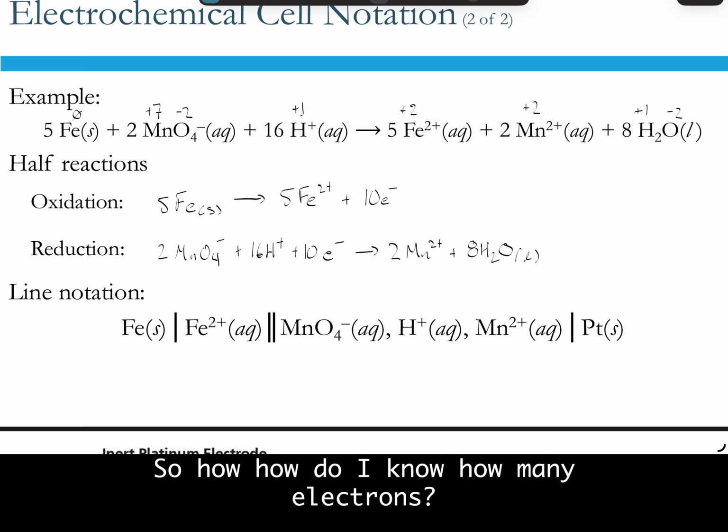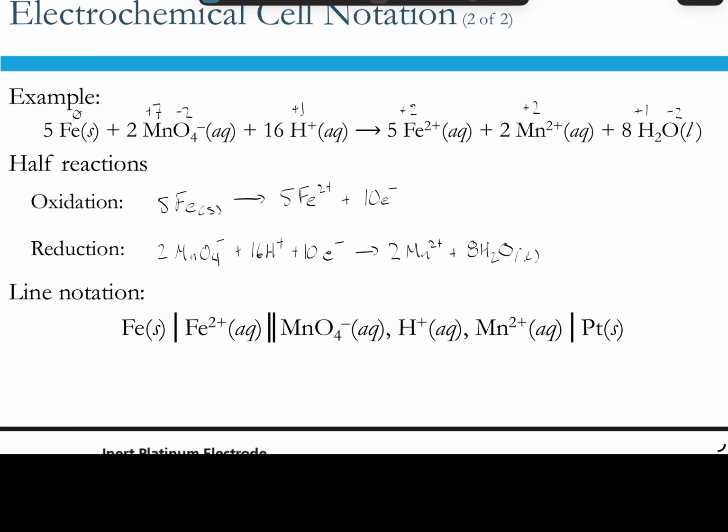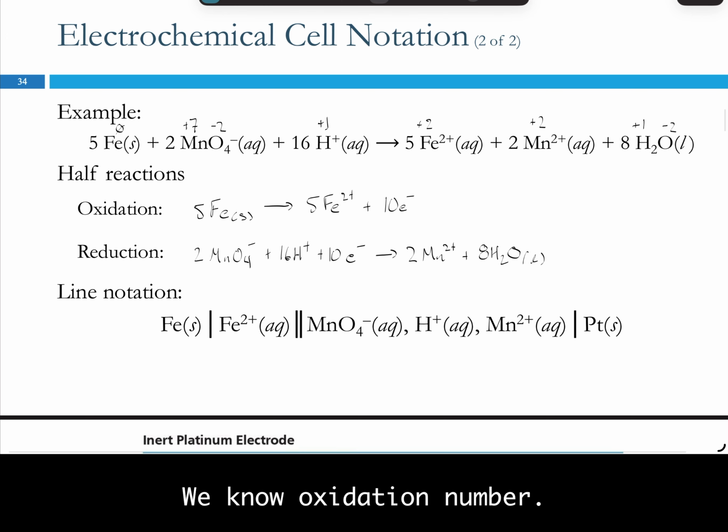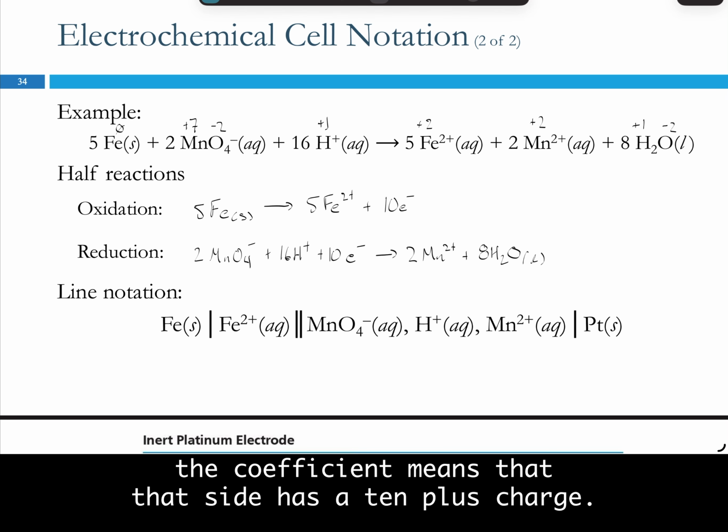So how did I know how many electrons for either of them? For the iron one, oxidation number times the coefficient means that that side has a 10 plus charge.